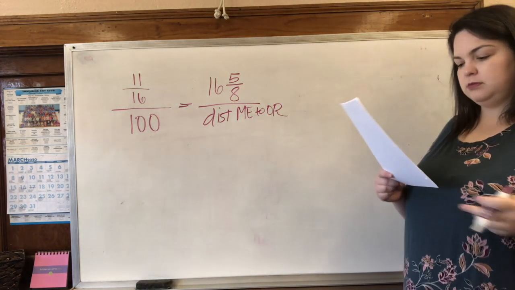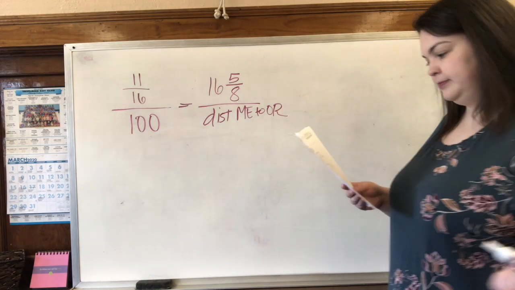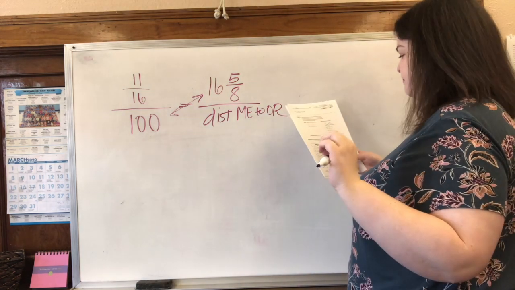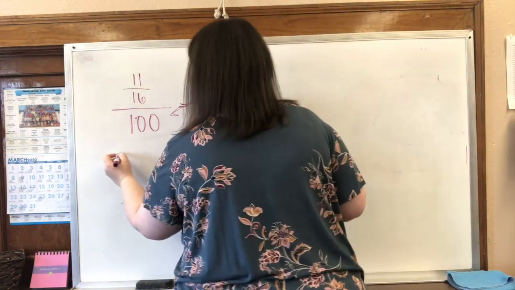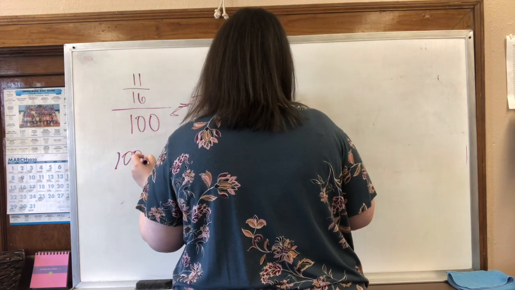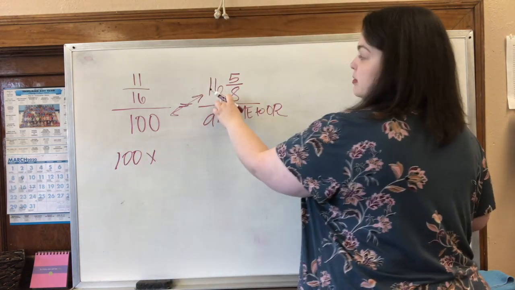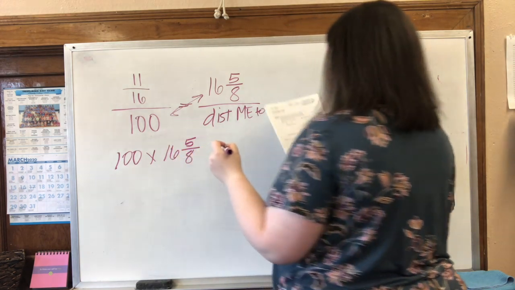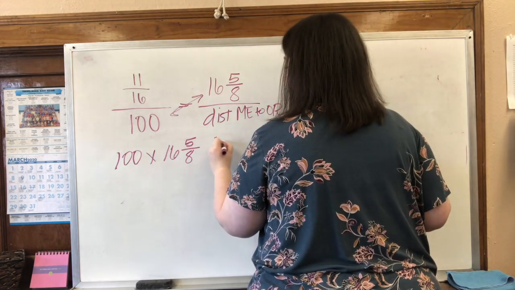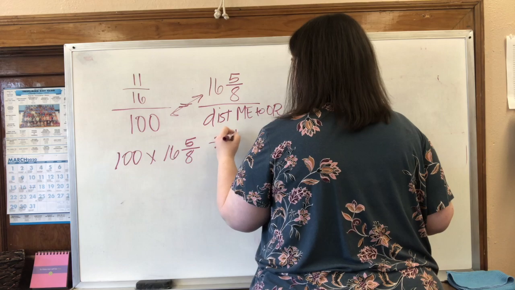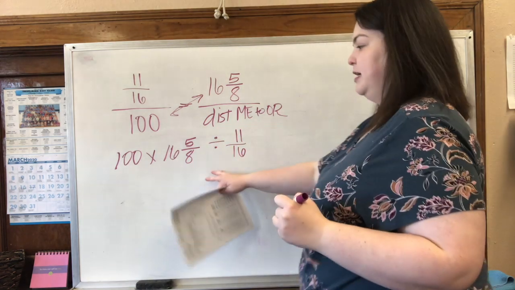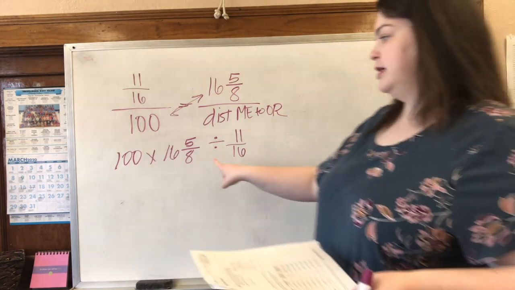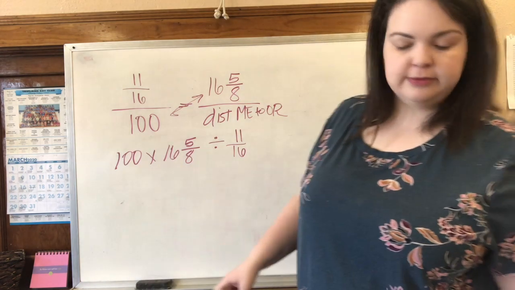Okay? So, step 1 again. You're going to get this all out on one line. So you're going to take 100 times 16 5/8 divided by 11/16. Step 1. Then you're going to turn this all into one fraction.